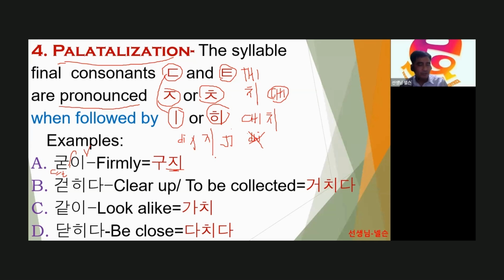Then letter B, clear up or to be collected. This character, digot, will meet he. That's what I taught in number 3. Instead of he, it becomes chi. Chut and I will become chi.